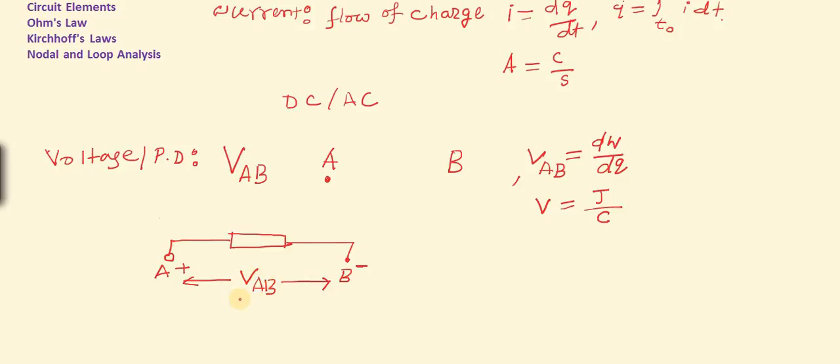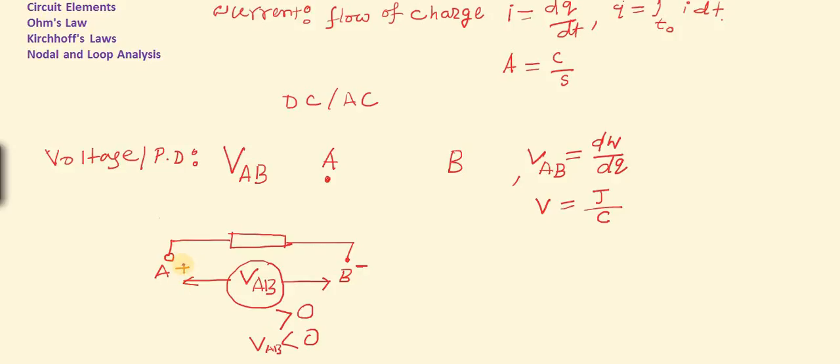VAB greater than 0 means that the potential at point A is higher than the potential at point B, and if VAB is less than 0, then the potential at point B is higher than the potential at point A. The plus and minus signs we use for the reference direction, or the polarity of the potential.